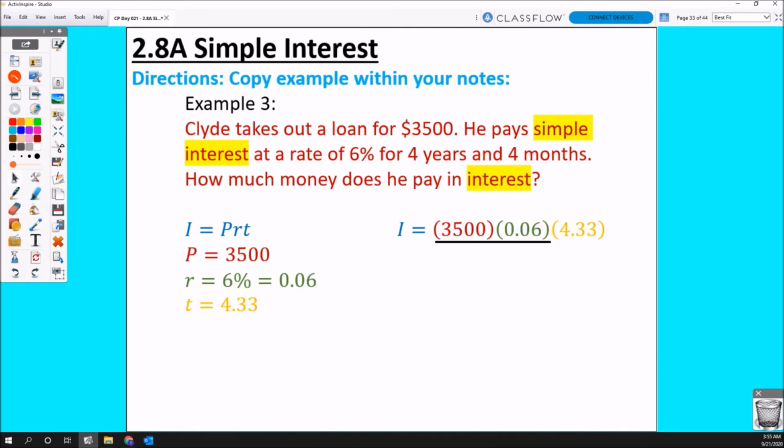So I'm going to write out the work for this. 3,500 times 0.06. 6 times 0 is 0. 6 times 0, the second 0, is 0. 6 times 5 is 30, so I'm going to put the 0 from the 30, and then carry the 3. 6 times 3 is 18, then plus the 3 is 21.